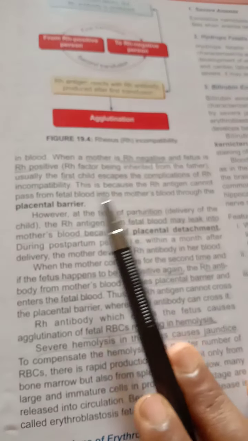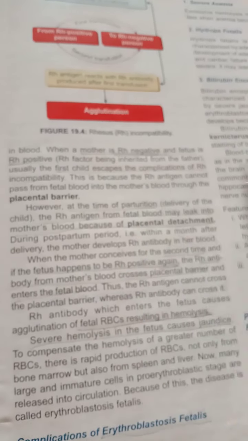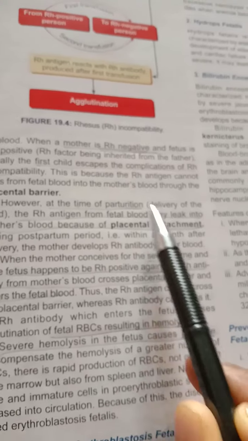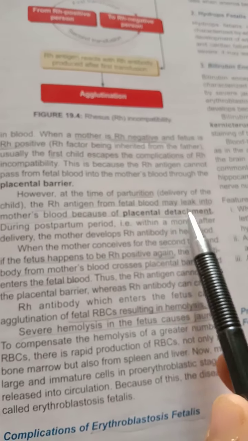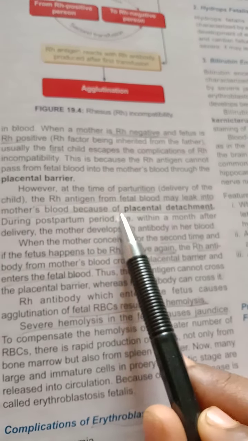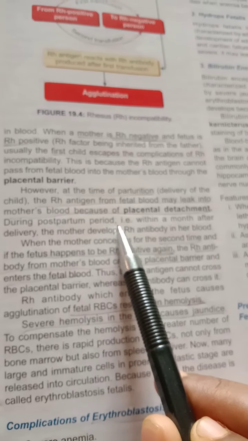pregnancy, no blood passes through the placental barrier of the mother. See, we can read this once. However, at the time of parturition or delivery, the Rh antigen from fetal blood may leak into the mother's blood because of the placental detachment during the postpartum period.